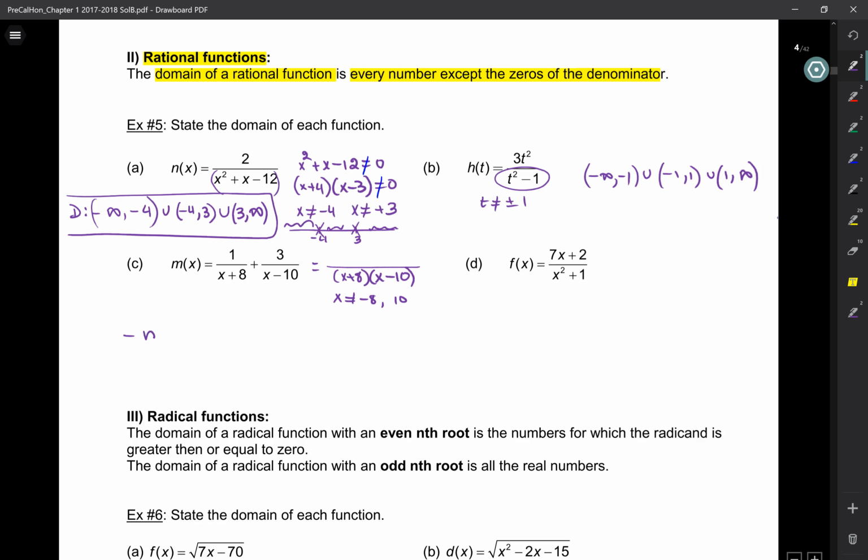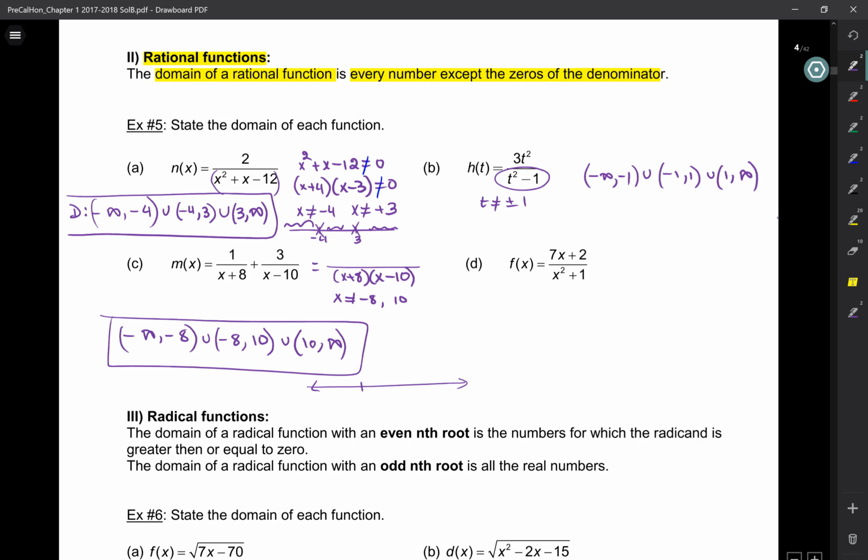So negative infinity to negative 8, and then all the numbers from negative 8 to 10, and then 10 to infinity. If it confuses you, draw a number line. Negative 8 and 10 don't work, but everything in the middle does, and everything to the right and to the left will work.